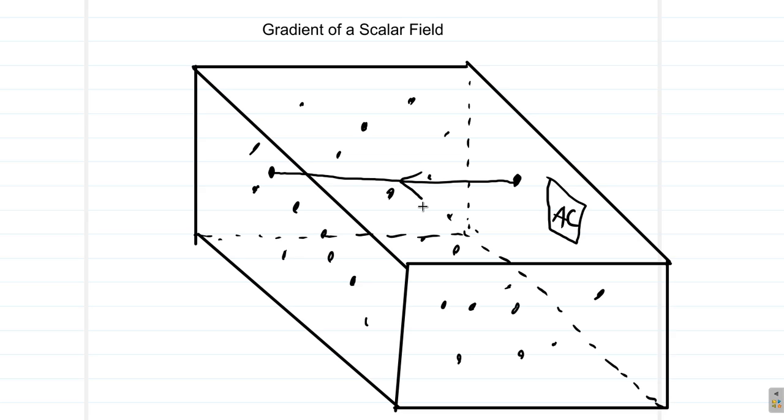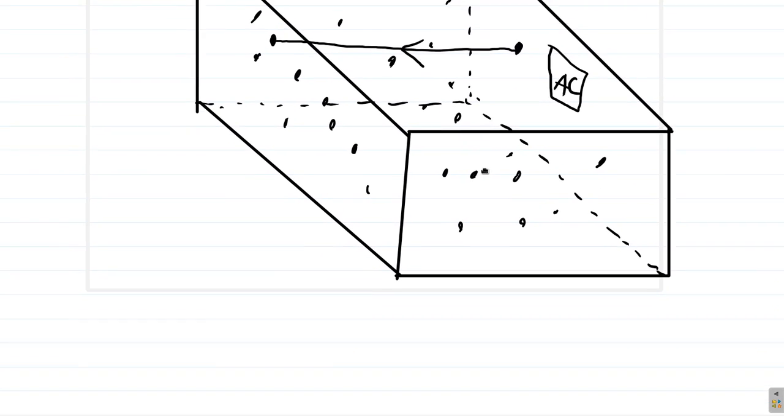So the gradient of the temperature field tells you the direction of the greatest increase of temperature. All right? So here, what happened? The gradient, sometimes called the grad, right?